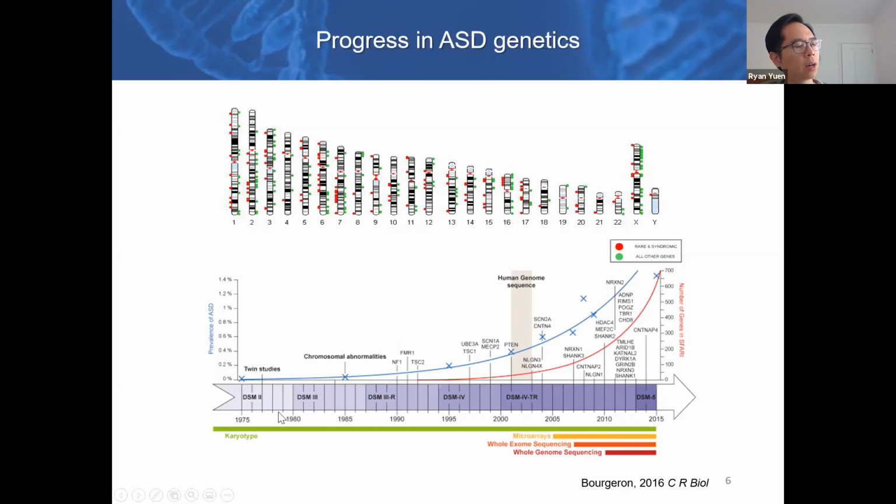One of the reasons is because of the change in diagnostic criteria using the recommended diagnostic manual, and also the awareness of the disorder as well. So the progress is good. We identify a lot of individuals with potential risk genes or variants, and you can see that the candidate genes scatter across the whole genome.